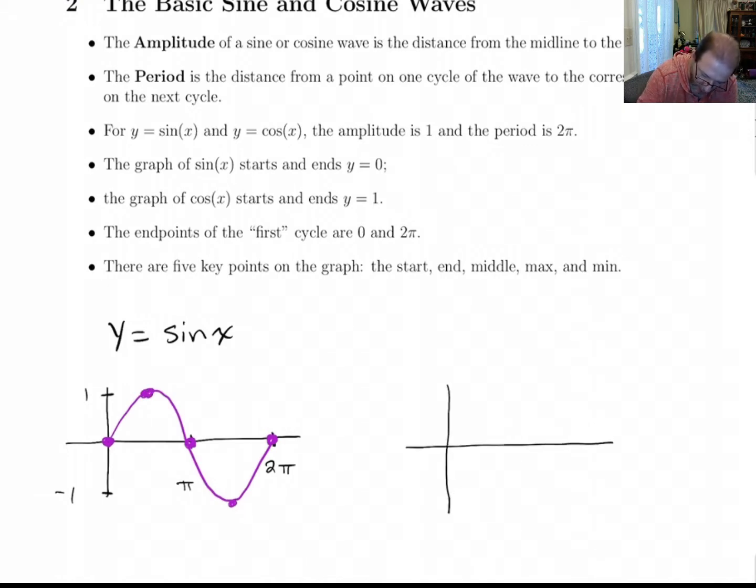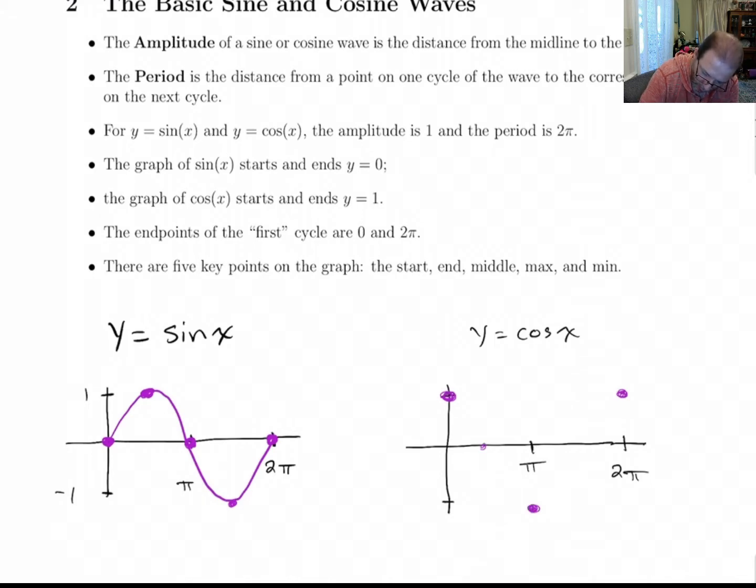Cosine, as we saw before, has the same sort of shape, but cosine starts at the top and it ends at the top. In the middle here at pi, cosine is -1.